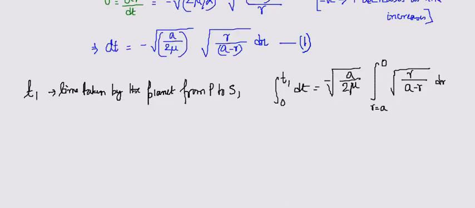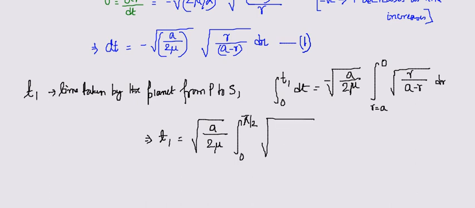Okay, so now here we have this t1 on the left hand side, which is equal to a by 2 mu, and the integral you can do, this minus is there, so you can write this 0 to pi by 2. How we will do that? We'll look into that.